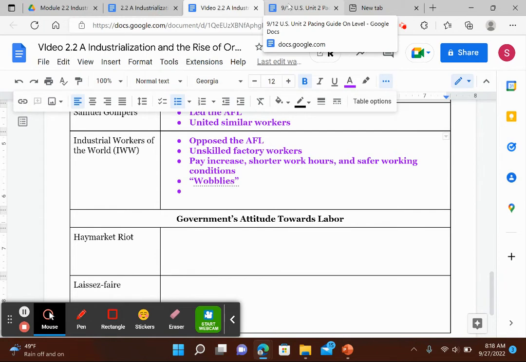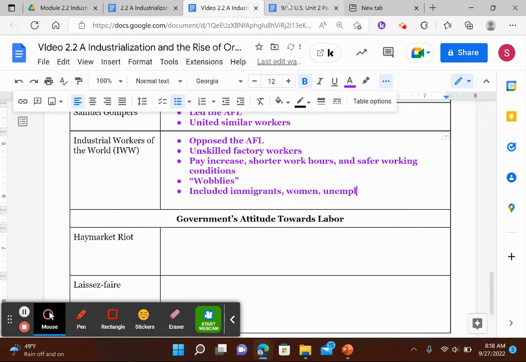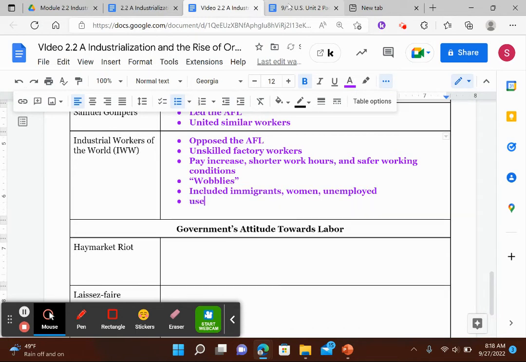They would often use strikes, boycotts, and slowdowns to achieve their ends. So included immigrants, women, unemployed, used strikes to achieve their ends.